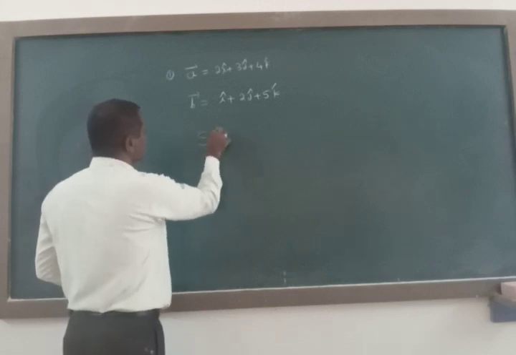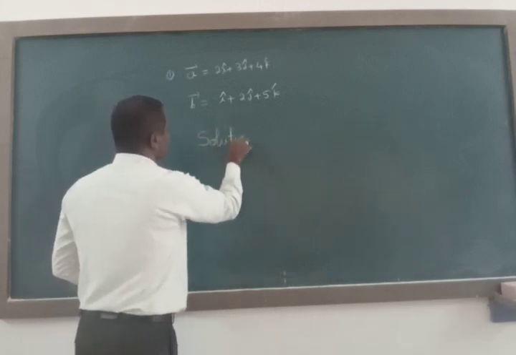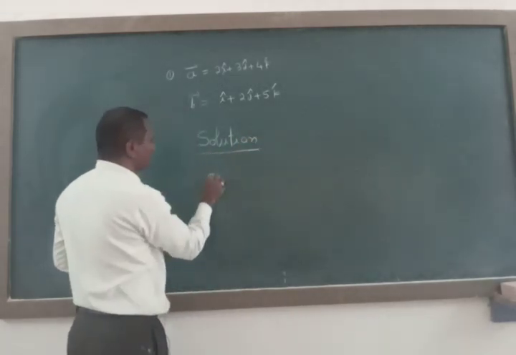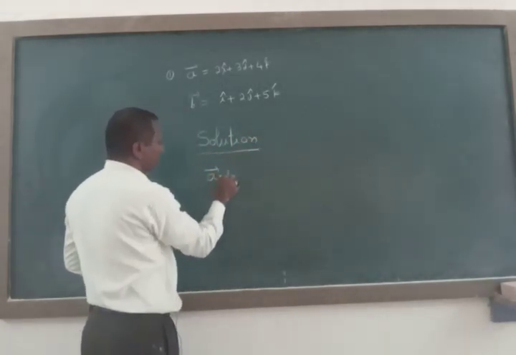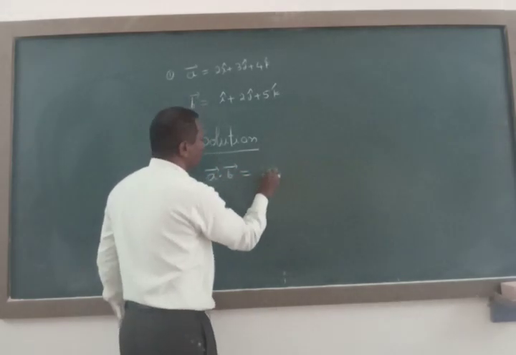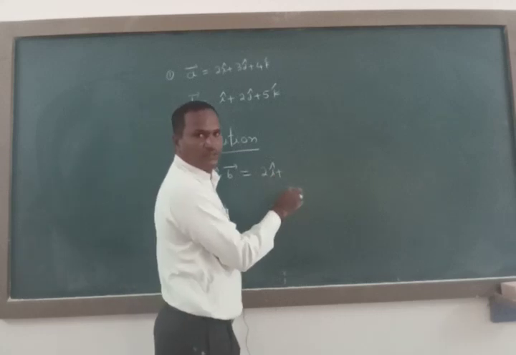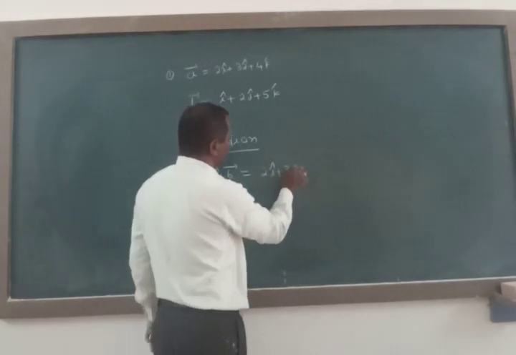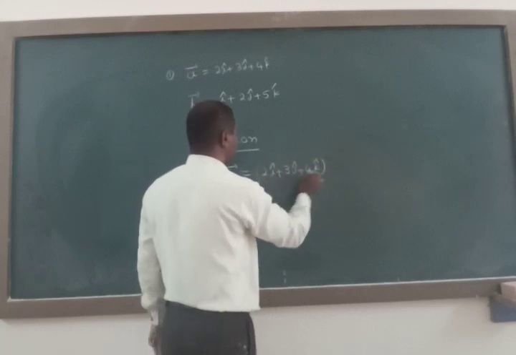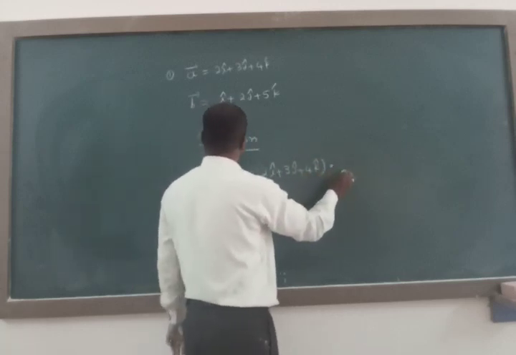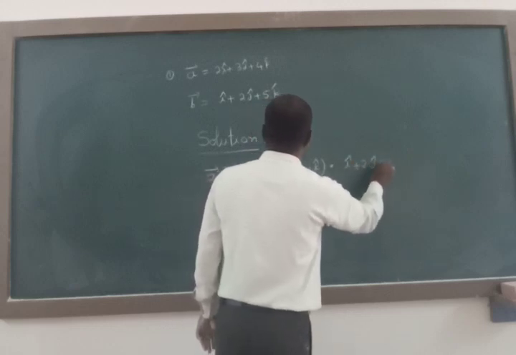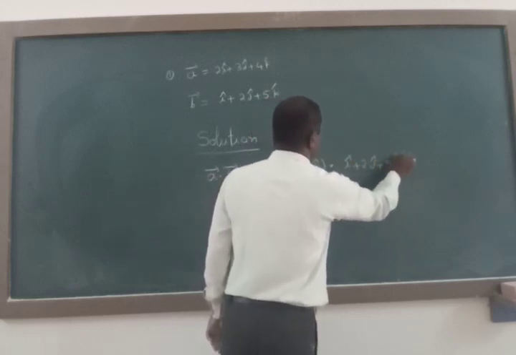Solution for this is: A bar dot B bar is equal to, they are asking for the dot product here, A bar, which is 2i cap plus 3j cap plus 4k cap, dot i cap plus 2j cap plus 5k cap.